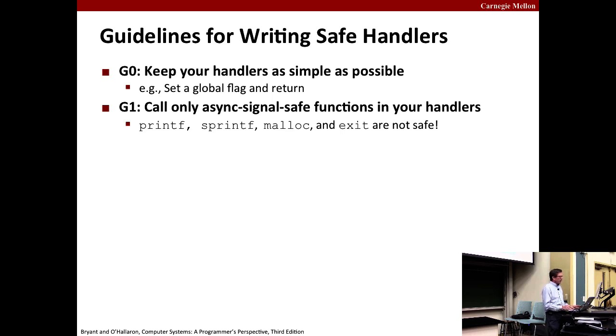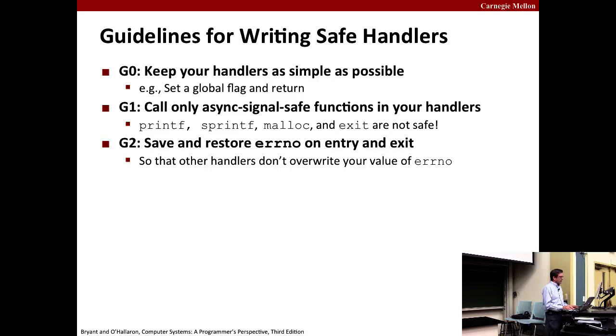Guideline number 1, call only functions in your handlers that have this property of async signal safety. Okay. And we'll look at this in a second, but I want to point out that printf, sprintf, malloc, exit, functions that are very common and commonly used are not safe. Okay.